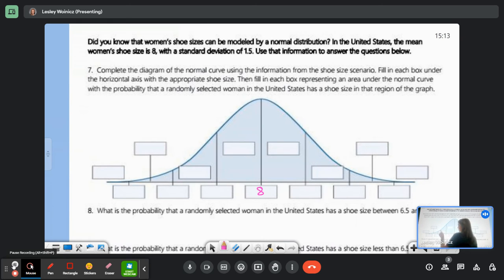So we can add 1.5 and get 9.5, 11, 12.5. And then subtract it, 6.5, 5, 3.5. Then we want the units down here, so we can label these size. You can just label it at the bottom.